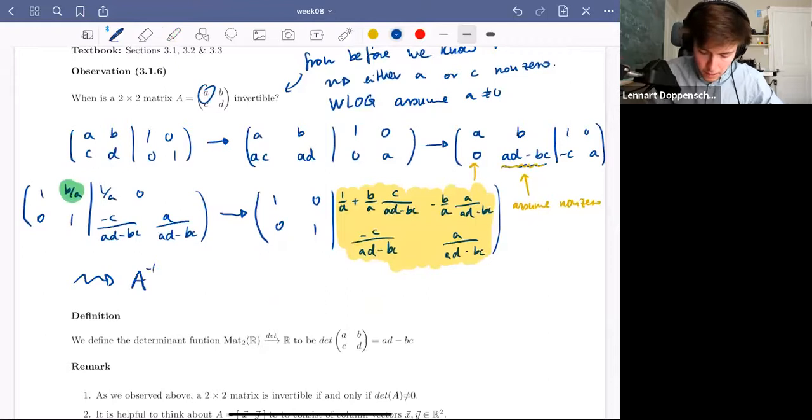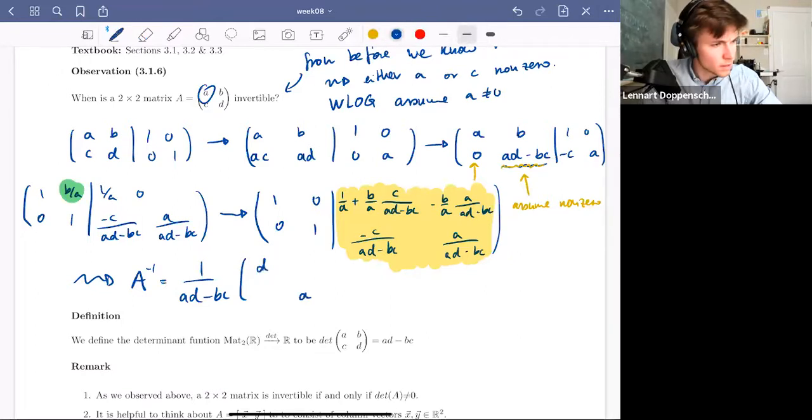In which case we get 1 over AD minus BC, and then you can do some simplification of these terms, but what you will get is D, minus B, minus C, and A. So if you divide first of all by AD minus BC overall, and then you just combine these two fractions, then you get this result.